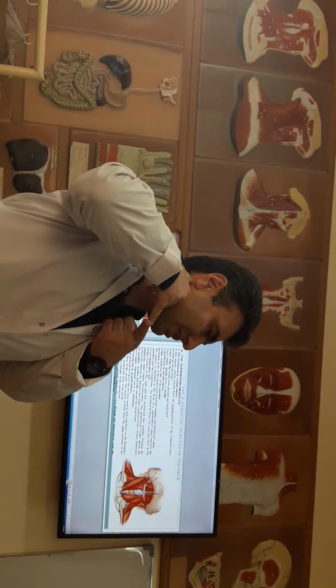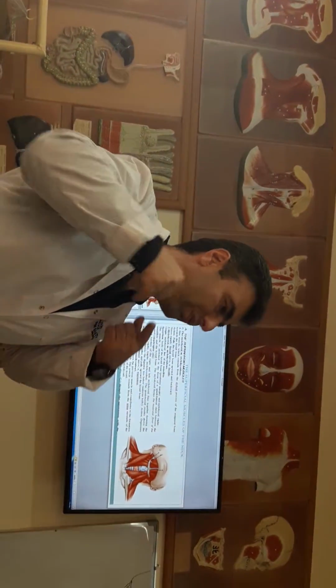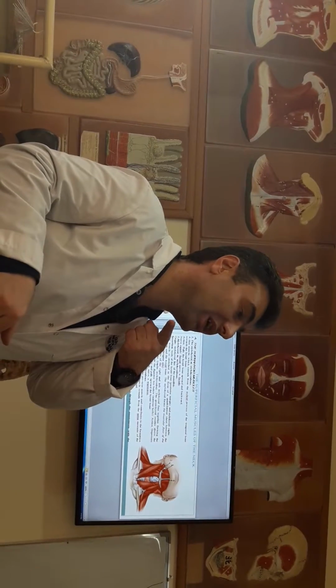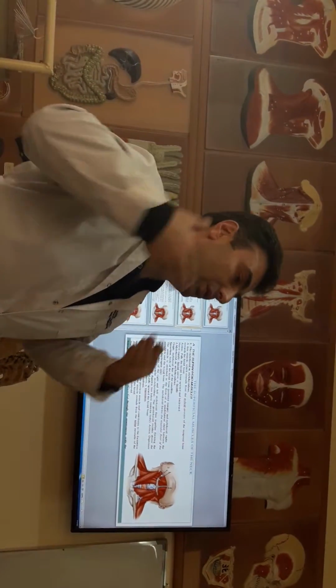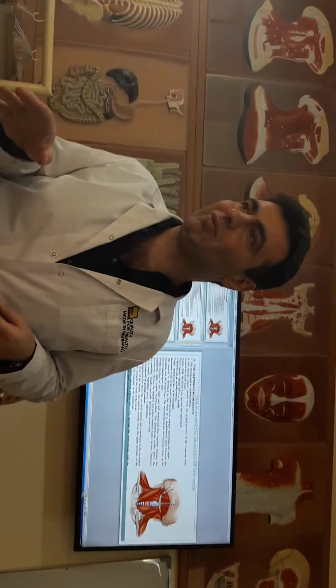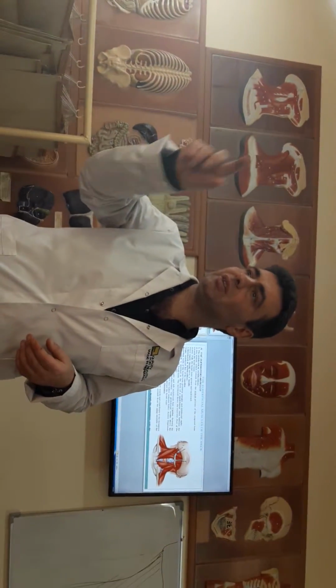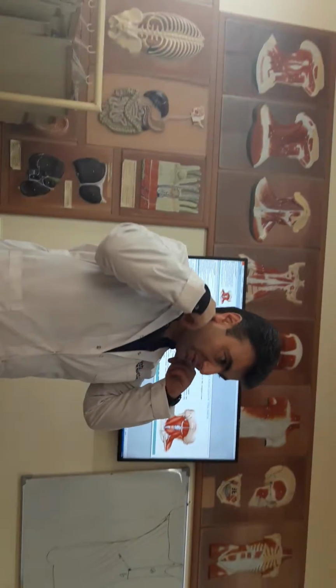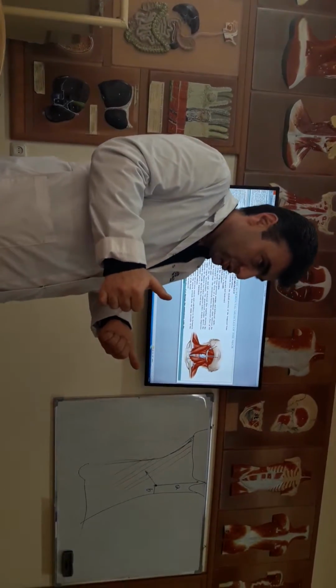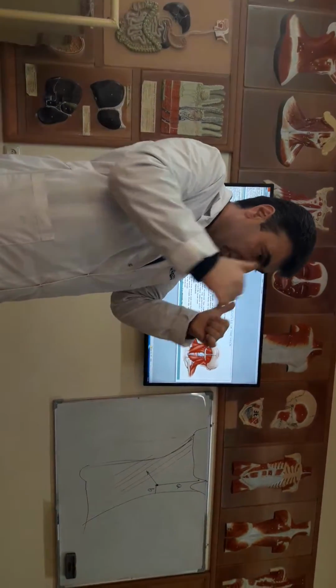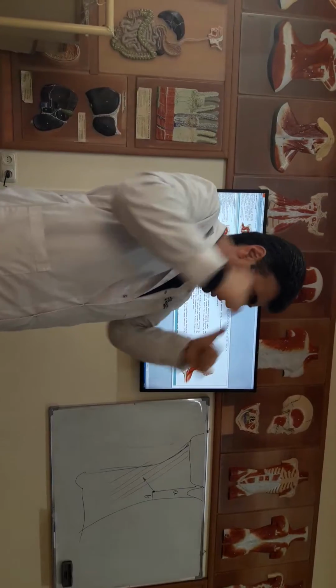Now, if these muscles contract, the hyoid bone will go up and to the back. Because, my friends, remember forever, when the muscle contracts, it goes to its place of starting. If it starts from the styloid process, then when it contracts, the hyoid bone will go up and to the back, to the side of the styloid process.